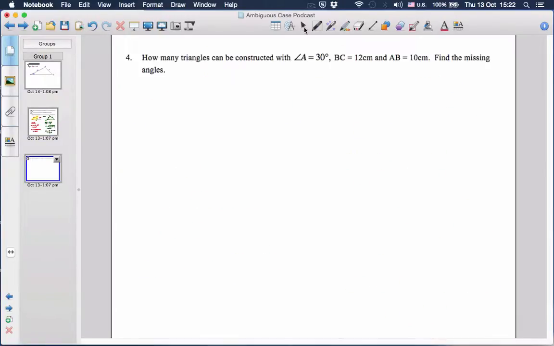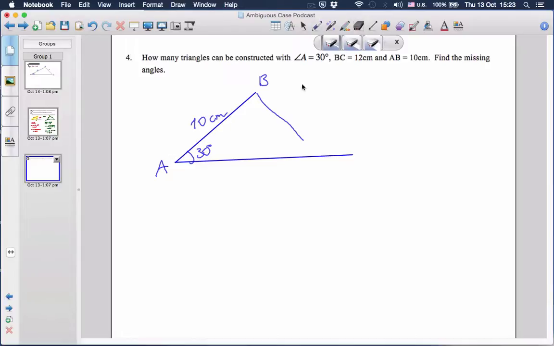There. So those are the two angles in two cases. Here's another example. Now let's look at the triangle. So let's draw this, and here's A and B. Angle A is 30 degrees, and AB is 10 centimeters, and BC is 12.